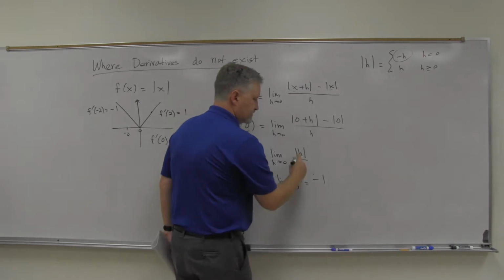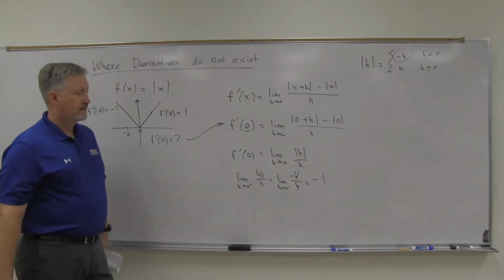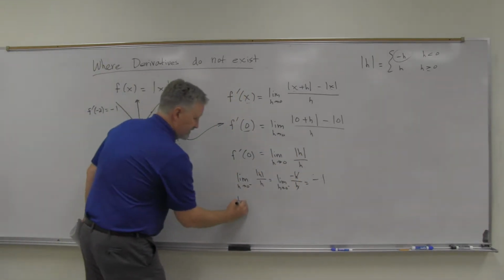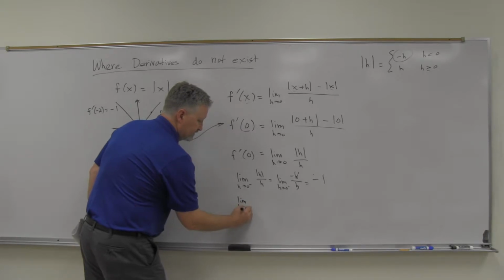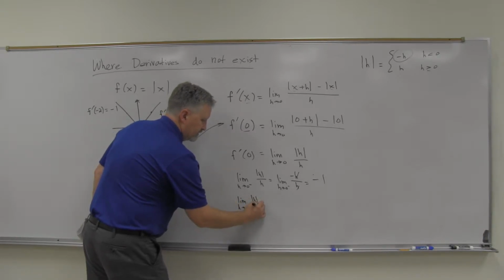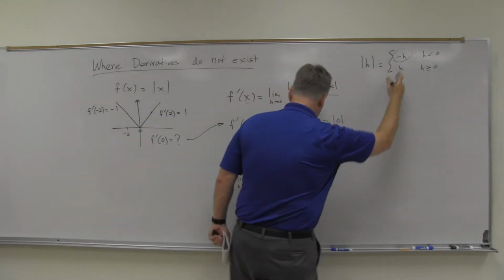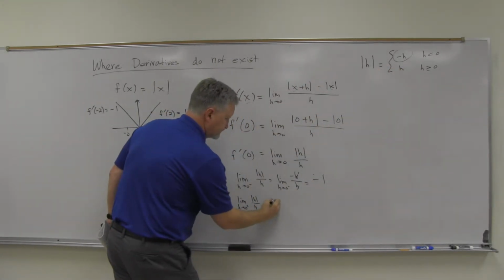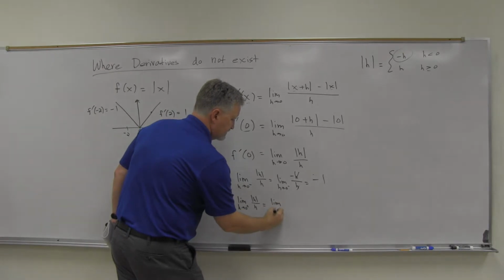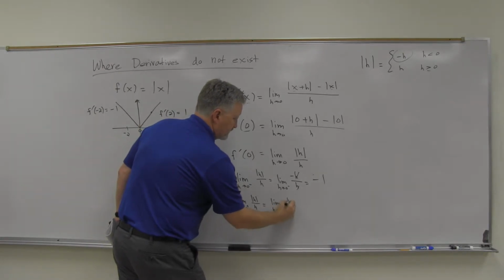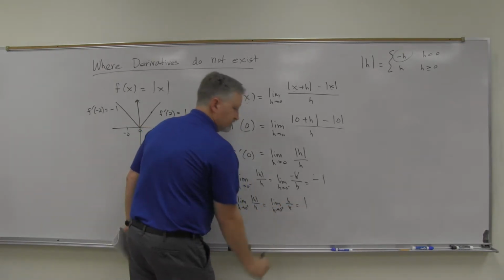Because the h is canceled, so you have negative 1 over positive 1. But what if you have the limit as h approaches 0 from the right? Well, that's from the greater than side of 0, so that's just h. So what do you get there? You get the limit as h approaches 0 from the right of h over h, that's just positive 1.